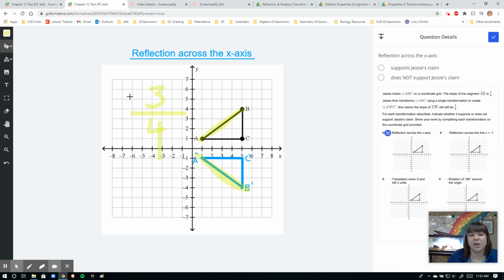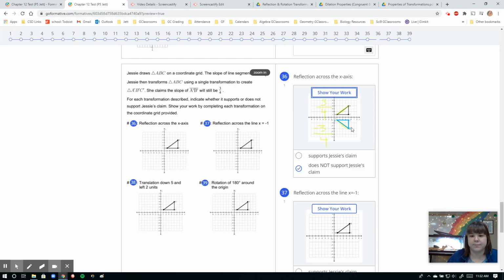And I know it's not 3/4 because if a line is going downward, that means it has a negative slope. If we calculated the slope, the rise would be negative 3, and it still runs 4. So these are not the same, which means that it does not support Jesse's claim. So we're going to say no, does not support the claim. Let's move on to the next transformation.